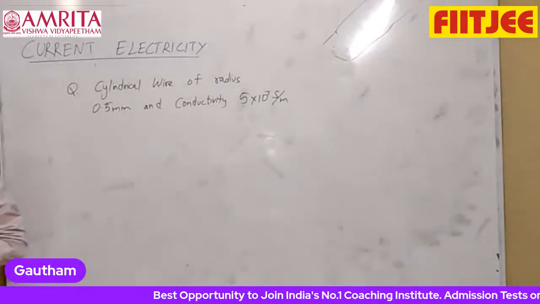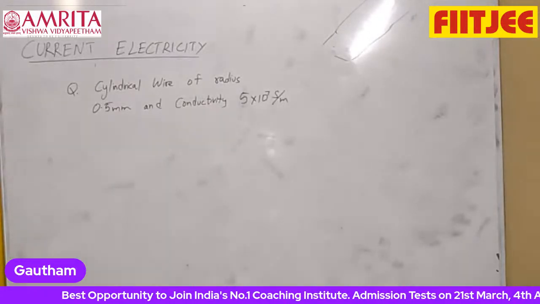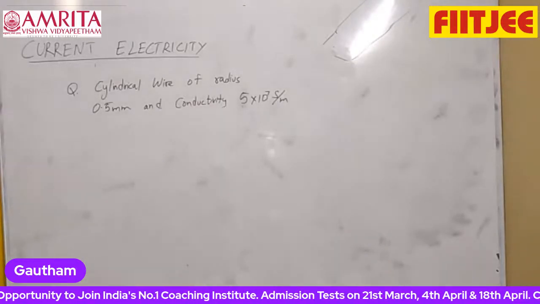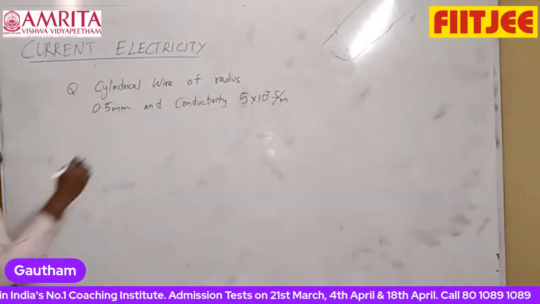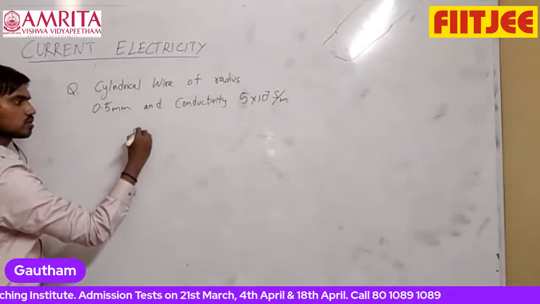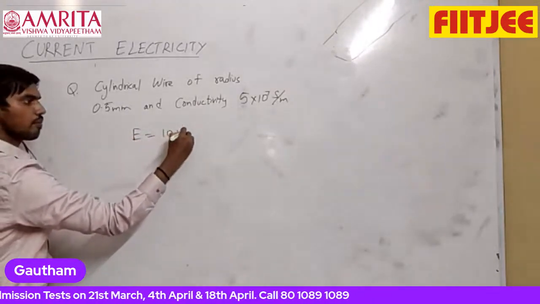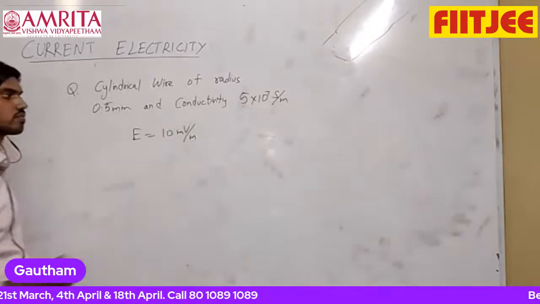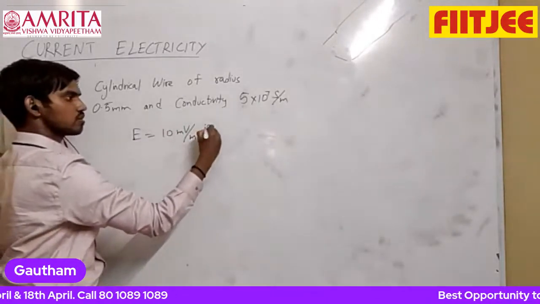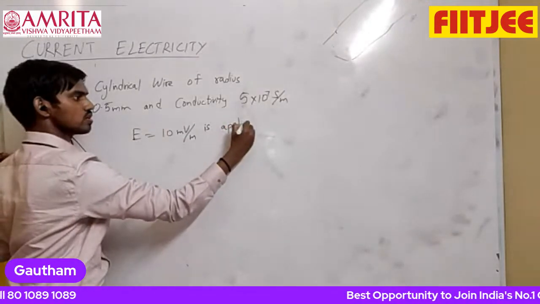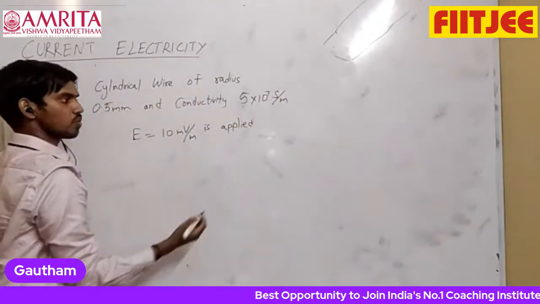Okay. So in this case, we are subjecting this cylindrical wire to an electric field. An electric field of 10 millivolt per meter is applied across the two ends of the cylindrical wire.